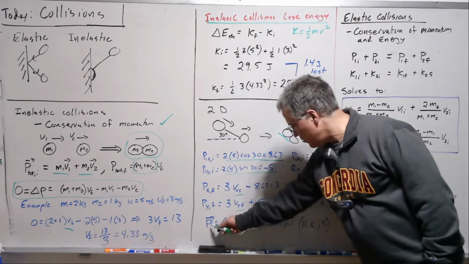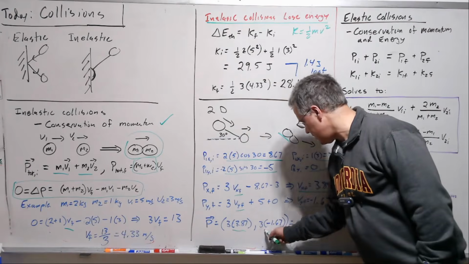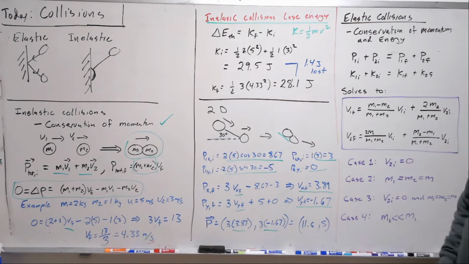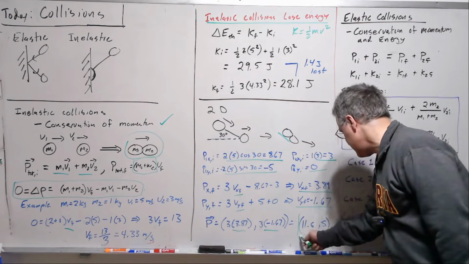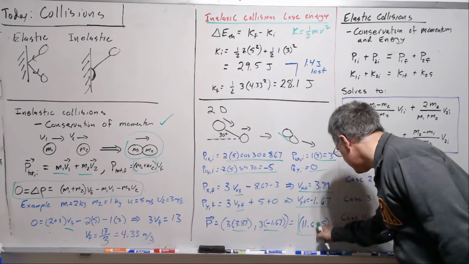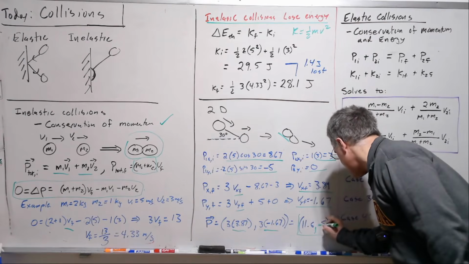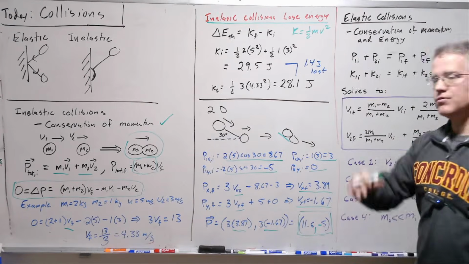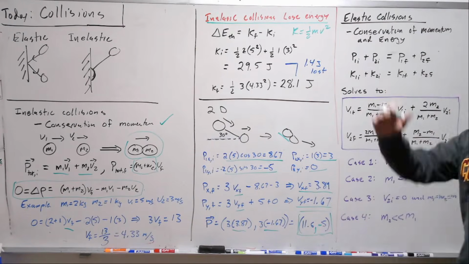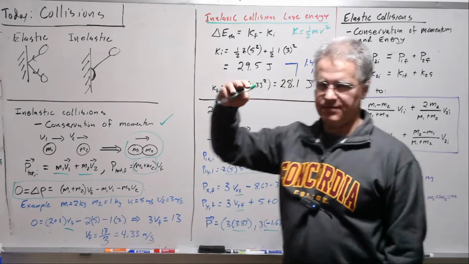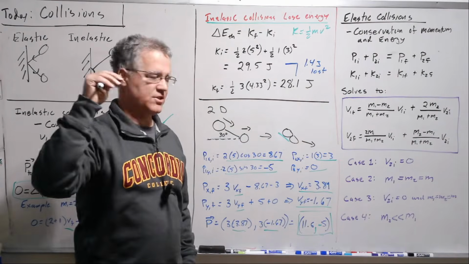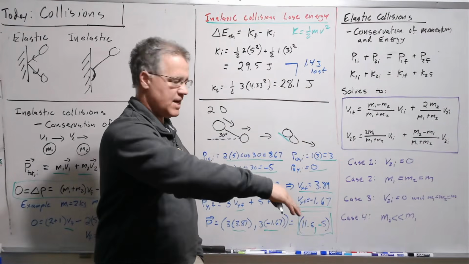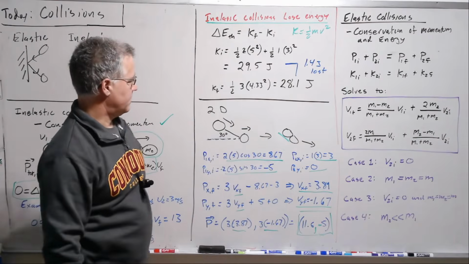To get the final momentum, we could multiply by the total mass, and we get this vector here. I think I got that's a minus 5. So we're going down. So our momentum vector has a slope of over 11, down 5 for that.